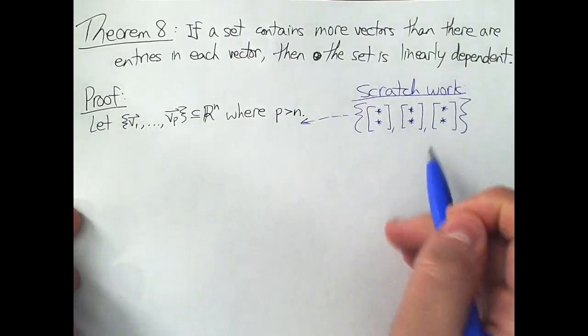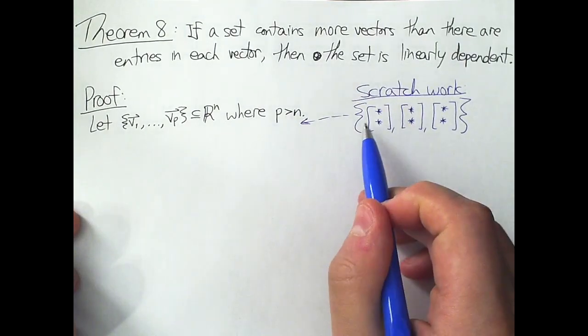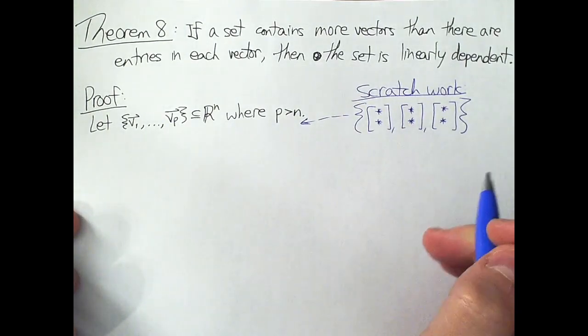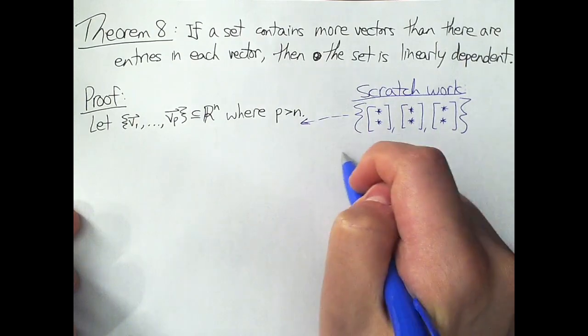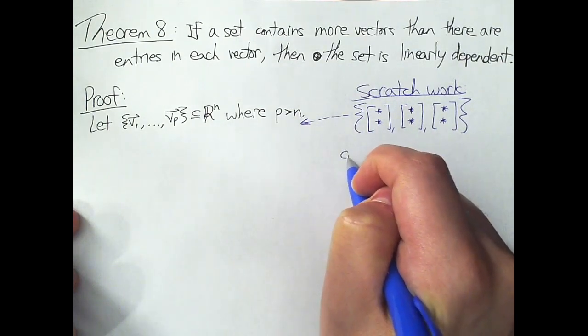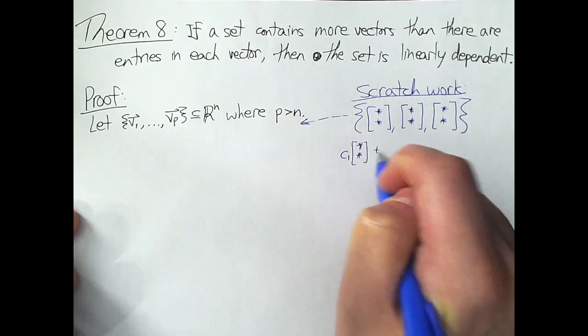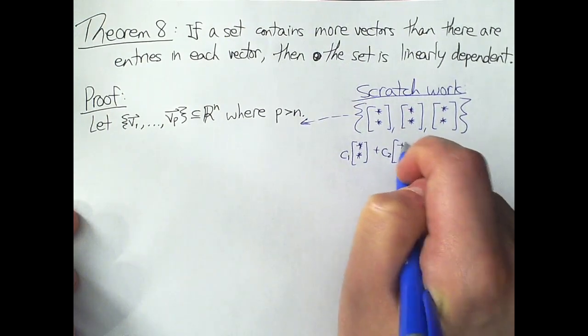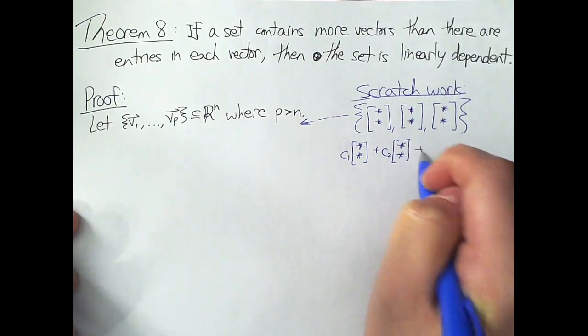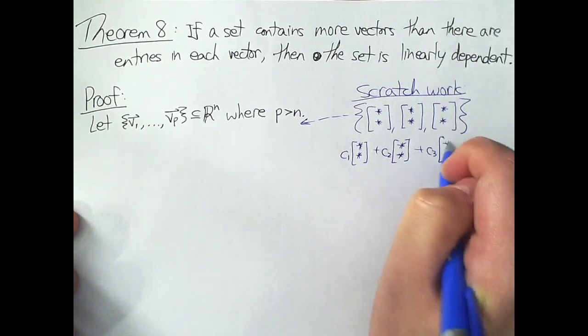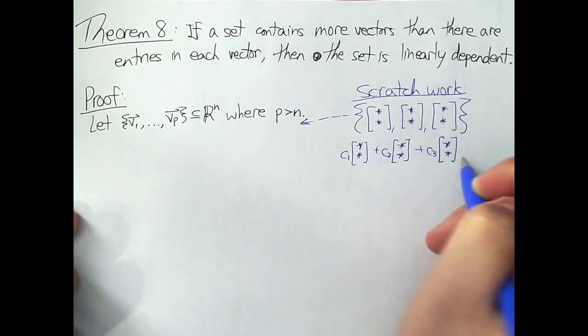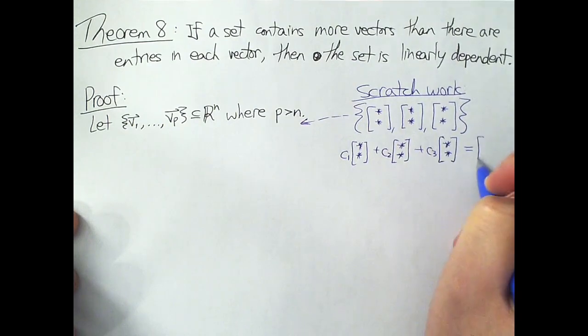Let's work with the scratch work side of things. Could we show that this set is linearly dependent? What we would do is have C1 V1 plus C2 V2 plus C3 V3. We're trying to show linear dependence.